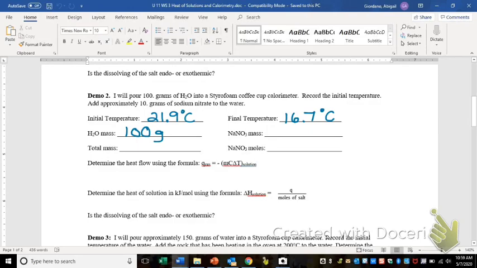The sodium nitrate, I had 10 grams. So once again, we've got 110 grams total. Pause the video if you want. I want you guys to convert sodium nitrate, those 10 grams, use your periodic table, and convert that to moles.